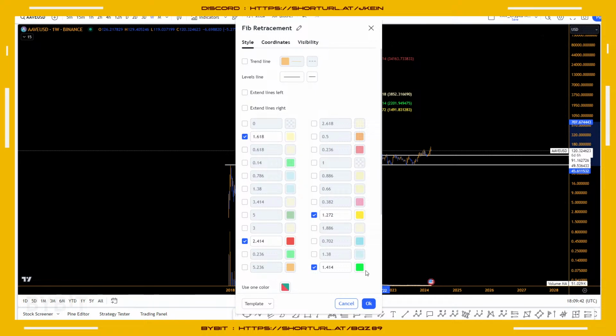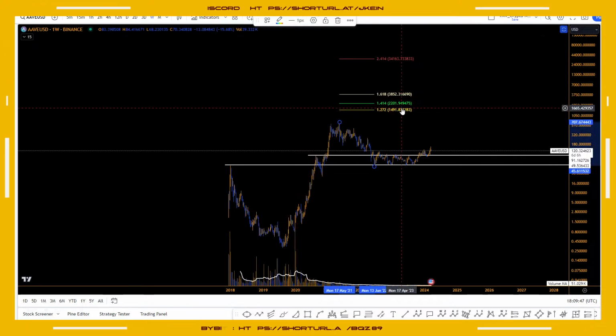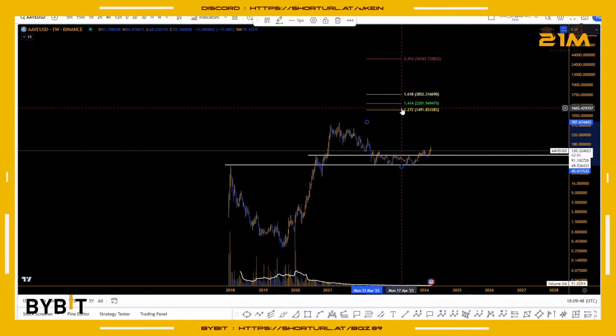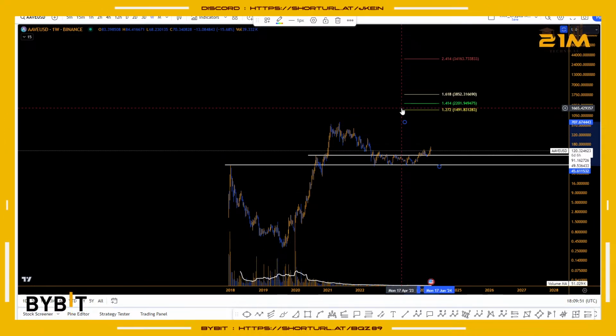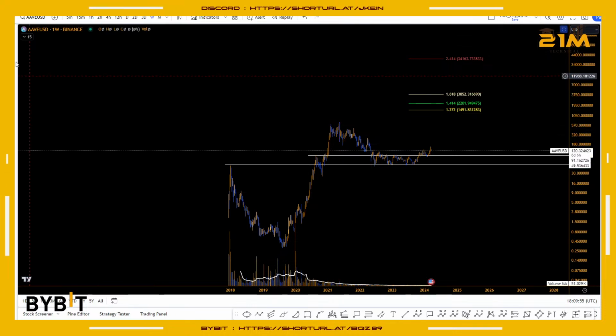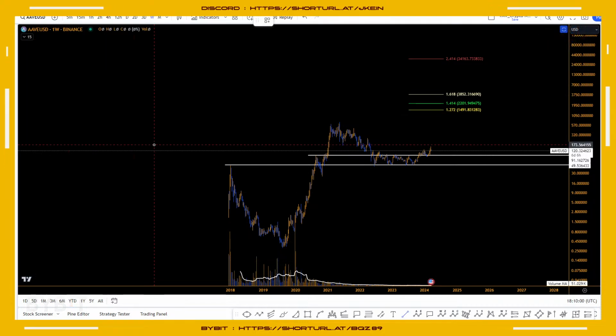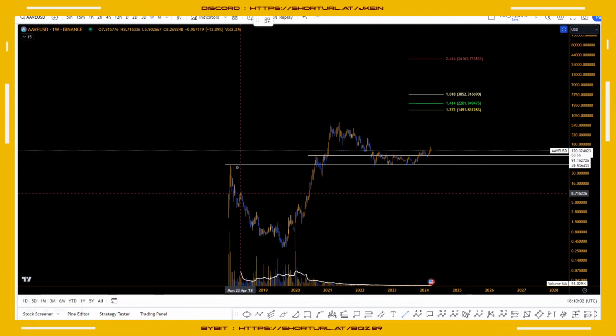So my primary focus would be around 1.272 and 1.414, and if flipping 1.414, yes, we're going to aim for 1.618. Basically, this is how I am going to get my first primary cycle for Aave finished.